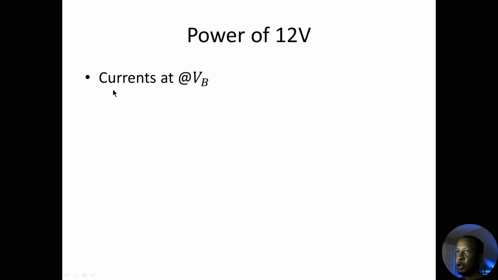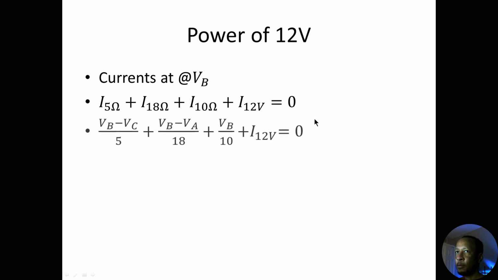So next, currents at VB. I of 5 ohm plus I of 18 ohm plus I of 10 ohm plus I of 12 volt equals 0. And so next we have VB minus VC over 5 plus VB minus VA over 18 plus VB over 10 plus I of 12 volt equals 0.